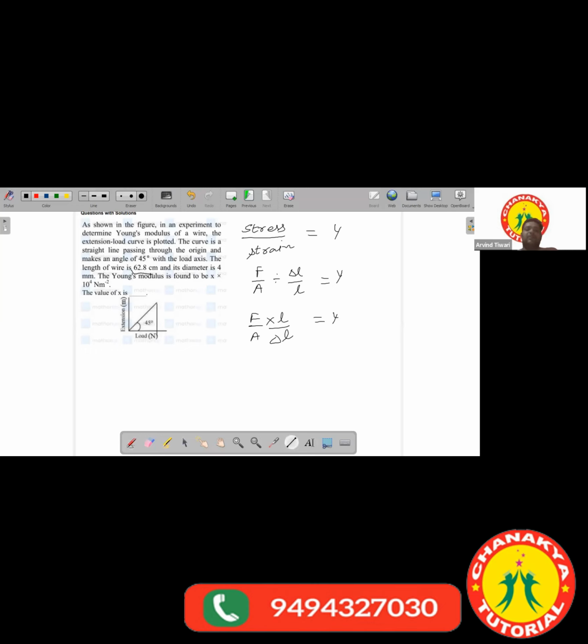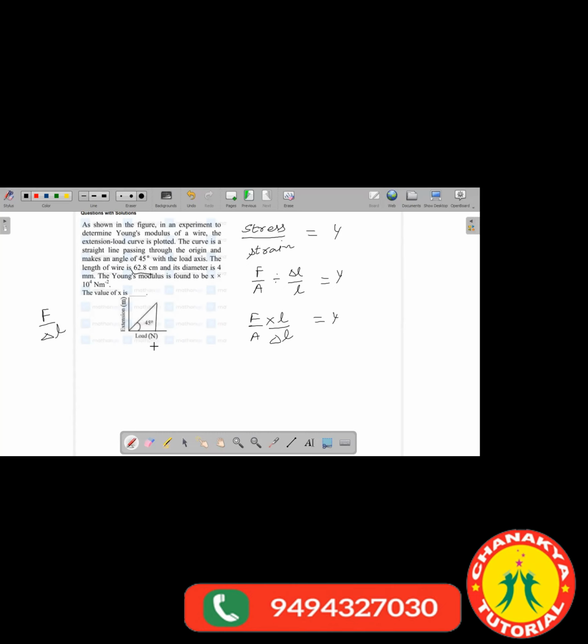From this graph, if you try to find F over delta L, that means load divided by extension, extension is represented by delta L. What value can we get from this graph? If I am getting F by delta L, what is the expected value? From the graph, the angle between force and extension is 45 degrees.